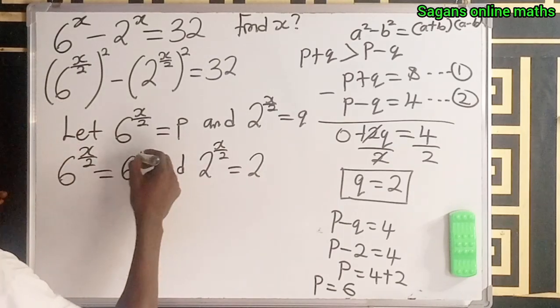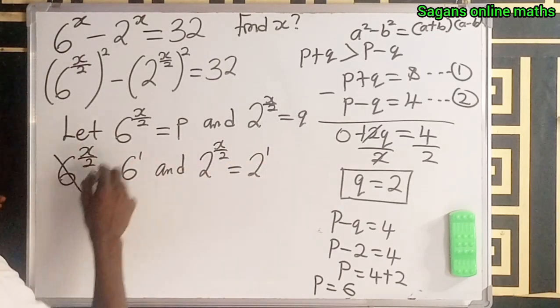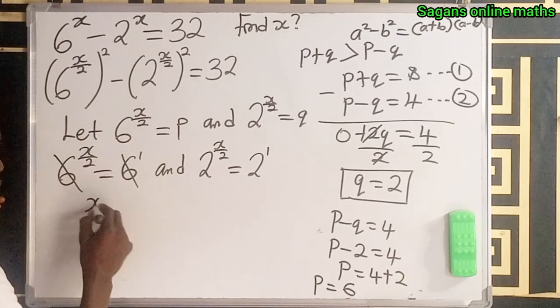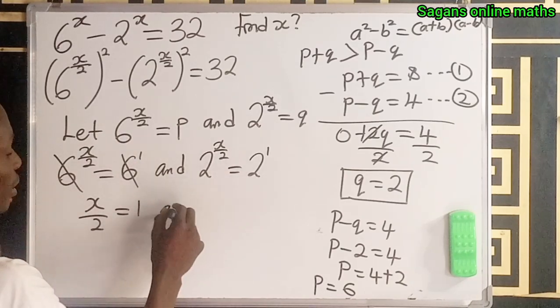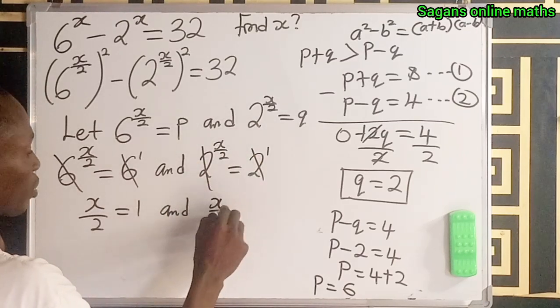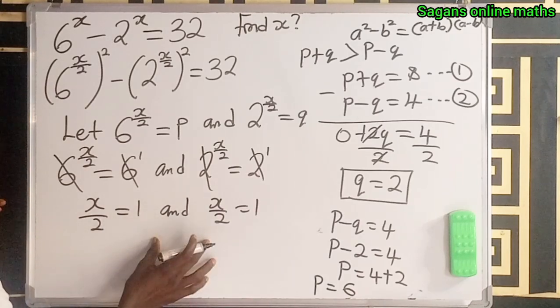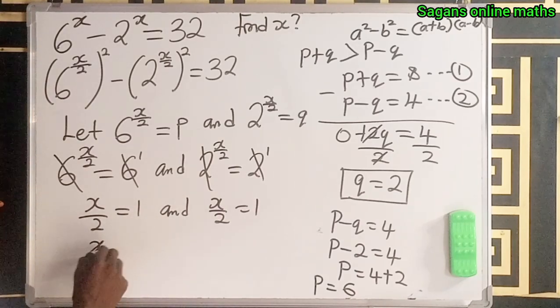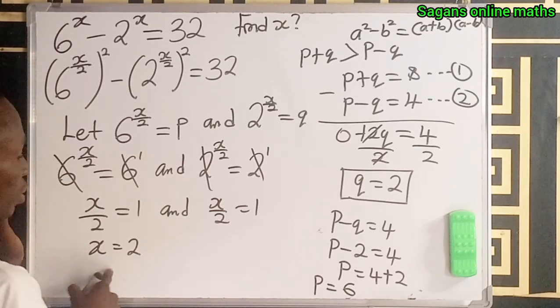Remember the power of this 6 here is 1, the power of this 2 here is 1. Now the bases are the same, right? Let's equate the powers since the bases are the same. So x divided by 2 is equal to 1. By cross multiplying, or multiplying through by 2, we see that x is equal to 2, because 2 times 1 is 2. This is the value of x.